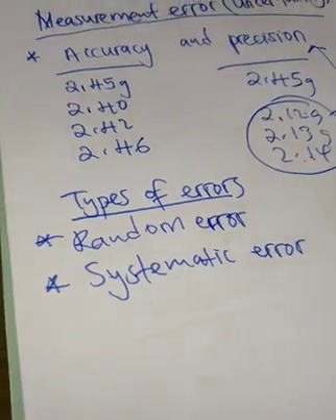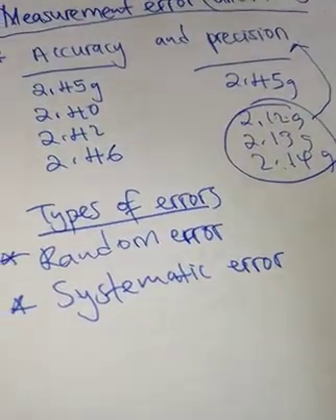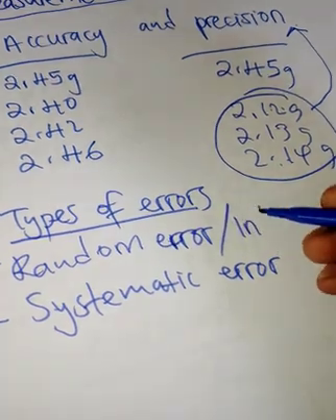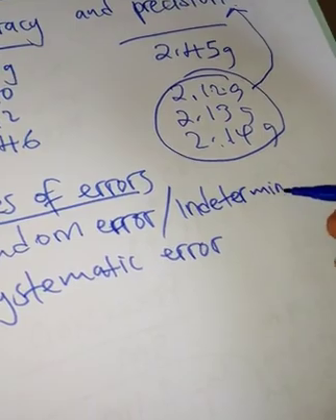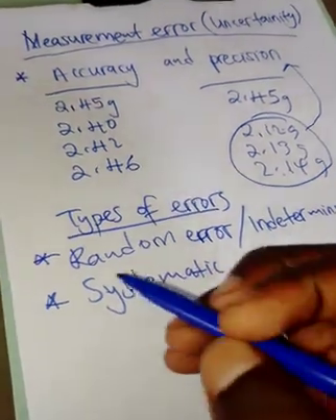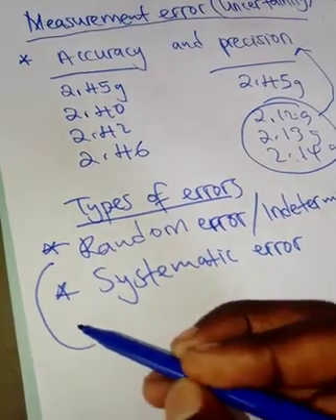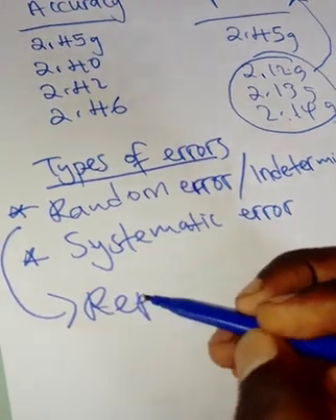Random error is also called indeterminate error, and it is also called reproducibility error.